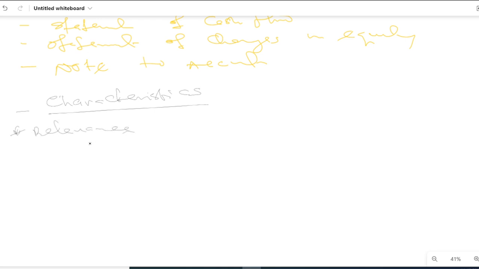This relevance is just about the financial information must be relevant if it can make a difference in the decision making by users. Whenever this financial statement can influence or can change decisions, it is relevant. Then we have faithful representation.